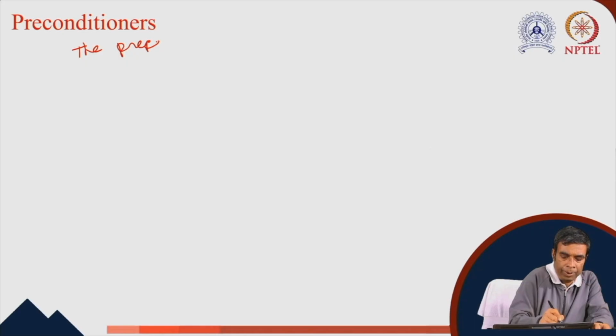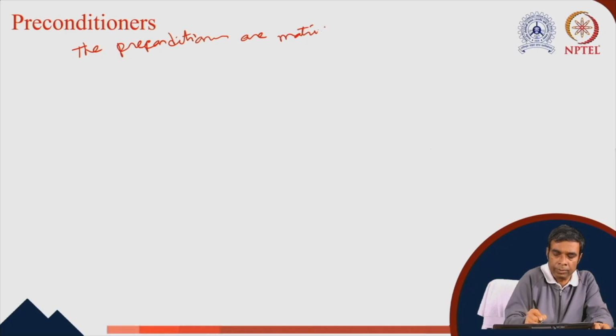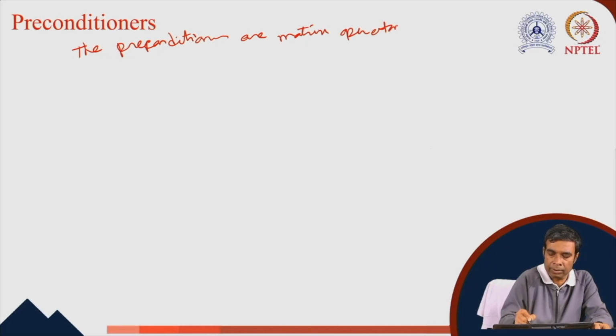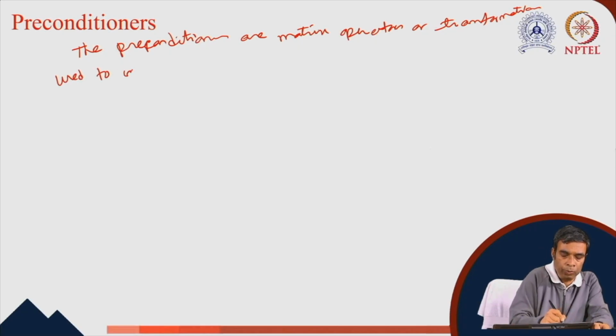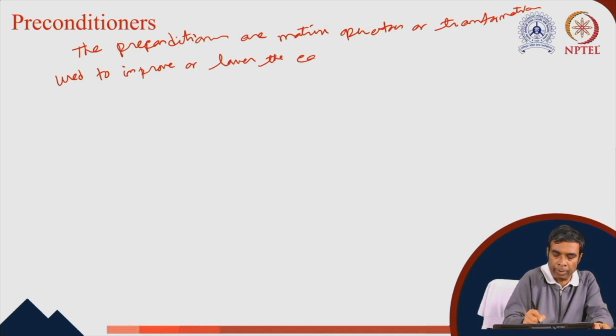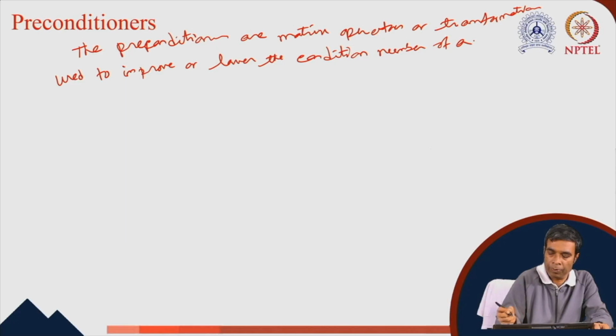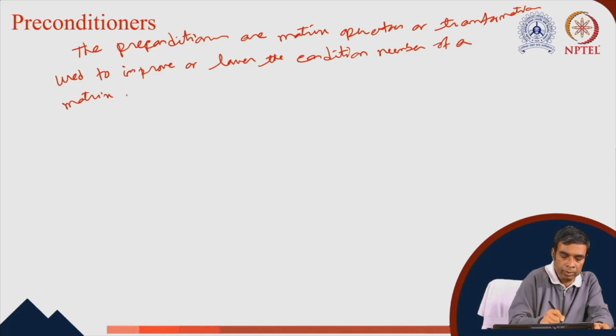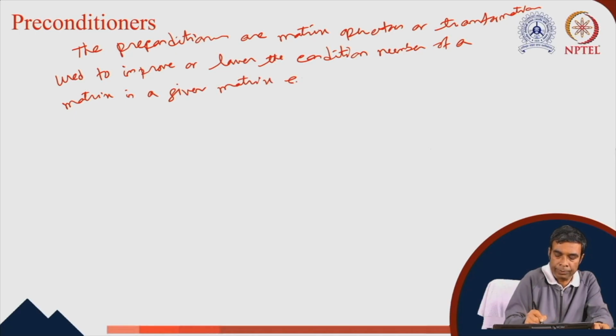The preconditioners are matrix operators or transformations used to improve or lower the condition number of a matrix in a given matrix equation system.